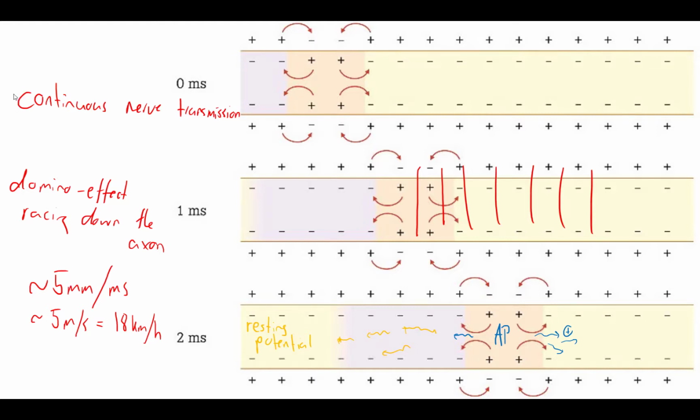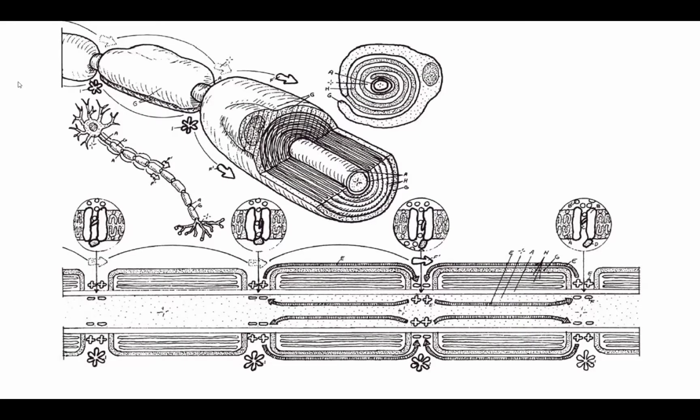But in fact, there is a special case that we can't see in all animals, but we can see it in humans and mammals, and that is what we call saltatory nerve transmission. So if you remember correctly, the nerve cell is wrapped in these Schwann cells.